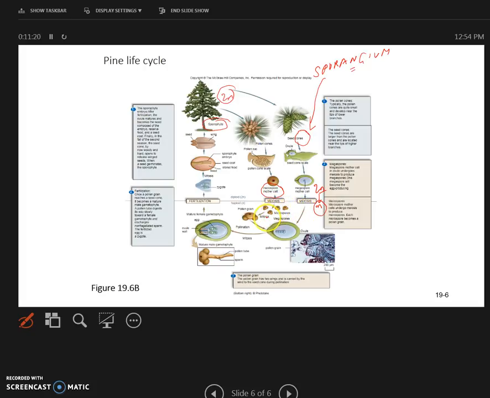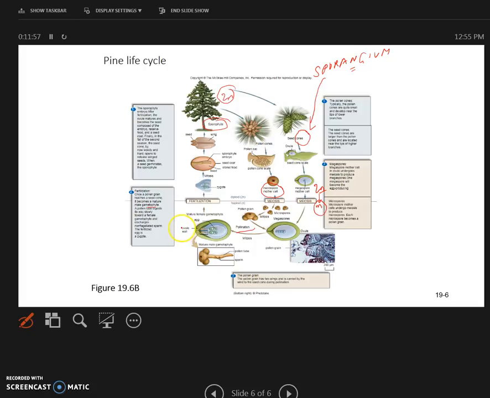Each microspore now is going to form a pollen grain, which is winged. The pollen grain, of course, is going to be carried by wind and land on the ovule, by the process of pollination. And once it enters, each pollen grain is going to germinate and form a male gametophyte, so small, notice, no longer a big structure.